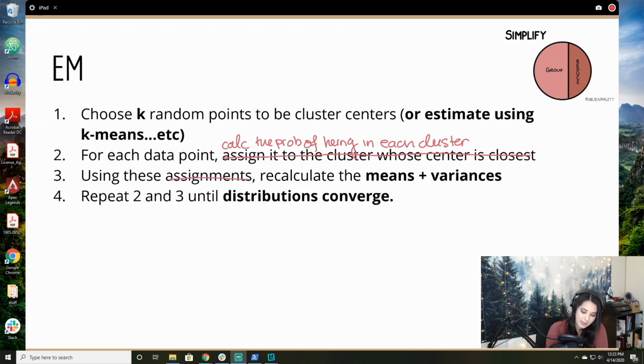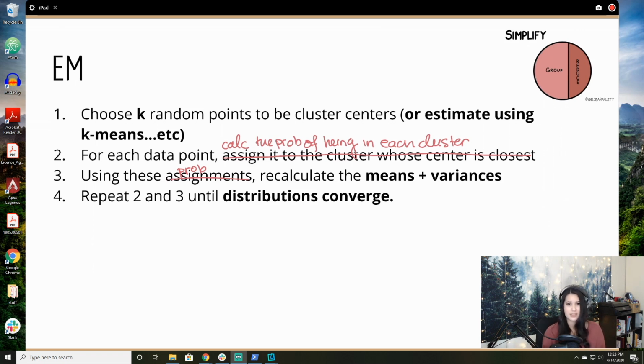Now, using these probabilities, we're going to recalculate the means and variances for each of our distributions or each of our clusters. Since we don't have hard assignment, every single data point in our data set gets a little bit of a say in what the mean and variance of the distribution is. But it might make sense that if a data point has a really, really low probability of being in that cluster, then it's going to get way less of a say in what the mean and variance is compared to a data point that is very likely to be in that cluster.